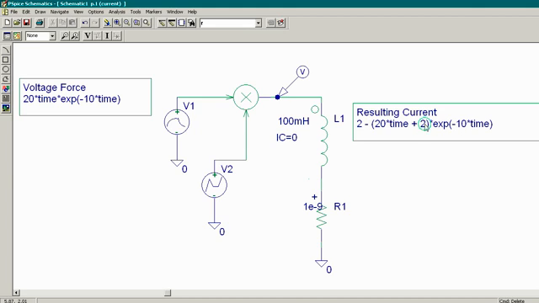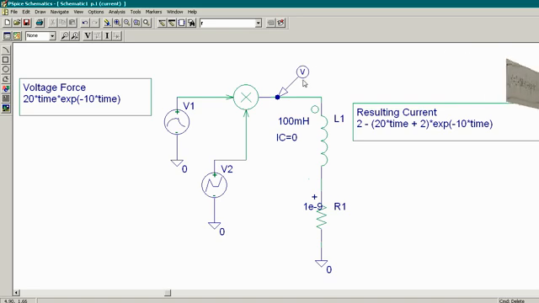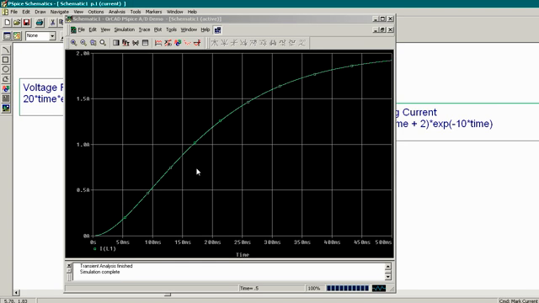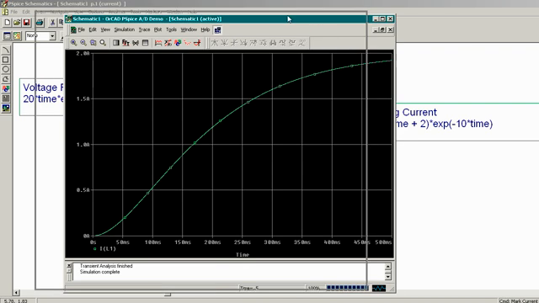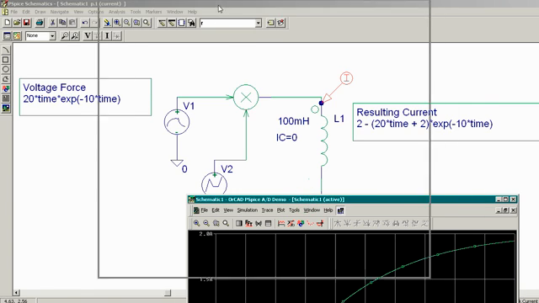So next, for our resulting current, which is what we derived on the board, 2 minus 20 times t plus 2 times exponential negative 10t, we'll go ahead and take our voltage probe off, and put on a current probe and see whether or not our current actually matches up. So our simulation gives us these results for our current that results from subjecting our inductor to that forced voltage.